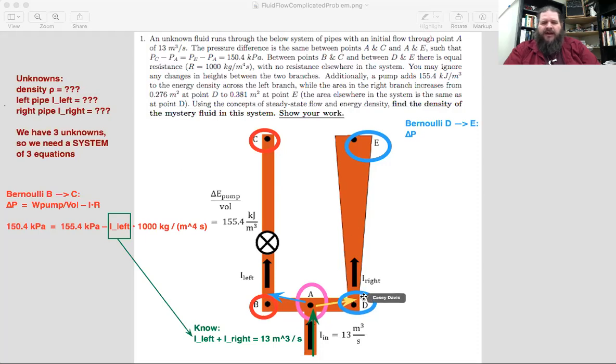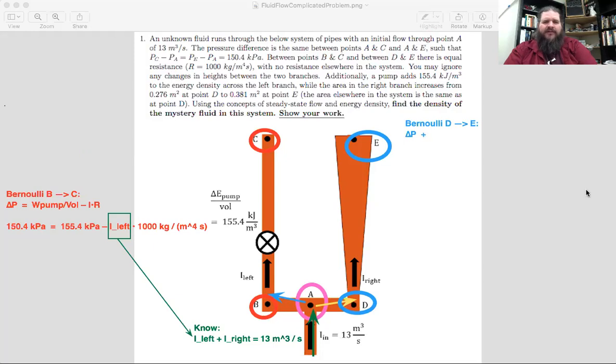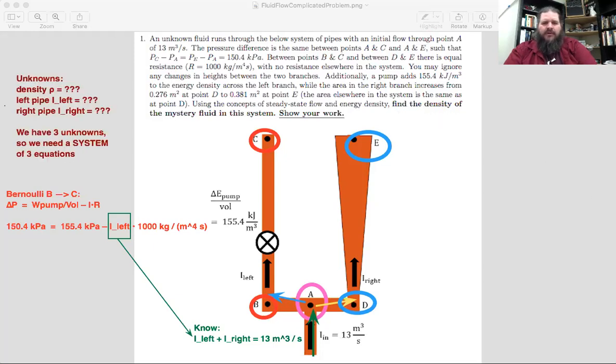Again, we can ignore change in height because we're assuming this is a top-down view. Everything's at the same height. But it looks like the pipe is getting wider. So yeah, the kinetic energy is going to change because of that area change. So we should expect the kinetic energy density term, which is going to be density over 2 times delta speed squared.